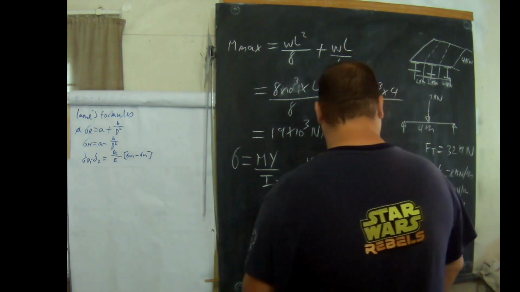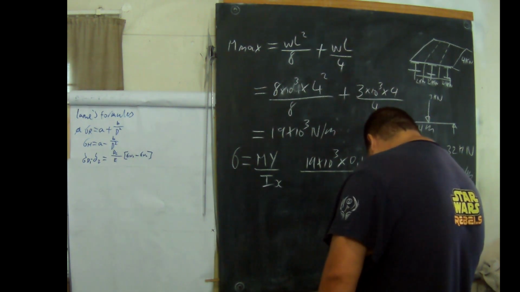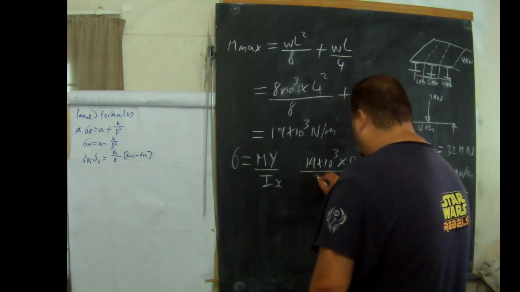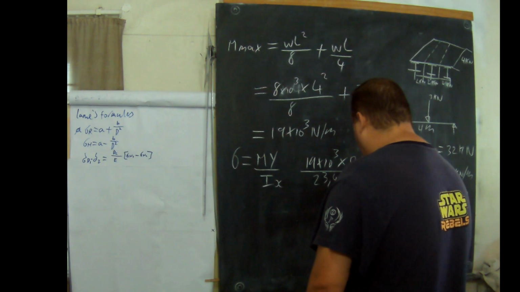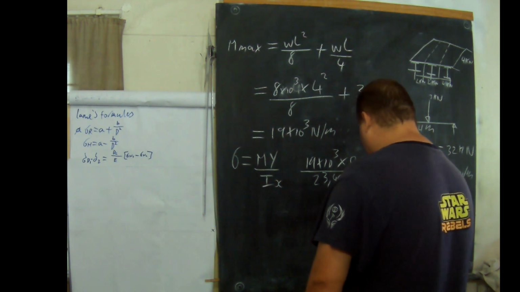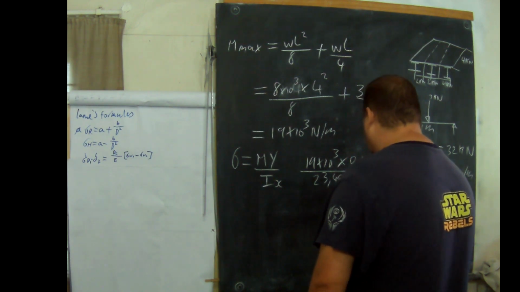divided by I. Now I, if you look on your tables, for Ix is 23,49 times 10 to the minus 6.